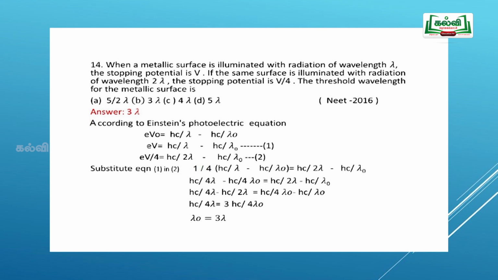When you rearrange this, bring all the lambda here and lambda naught to that side, then you will get hc by 4 lambda minus hc by 2 lambda equals hc by 4 lambda naught minus hc by lambda naught. When you take an LCM and subtract, you will get minus hc by 4 lambda equals minus 3 hc by 4 lambda naught. Minus and minus will get cancelled, hc also will get cancelled, 4 also gets cancelled, take the lambda to that side. So lambda naught equals 3 lambda. So the answer is 3 lambda.